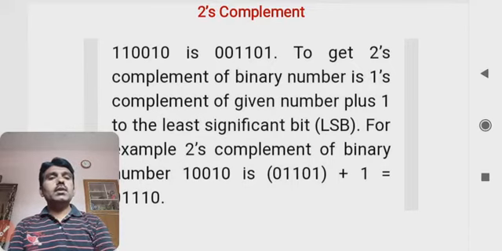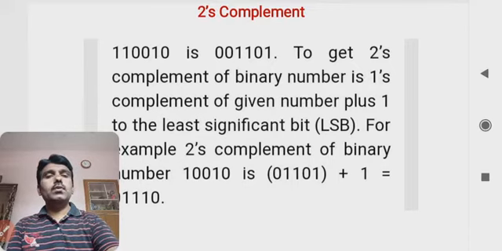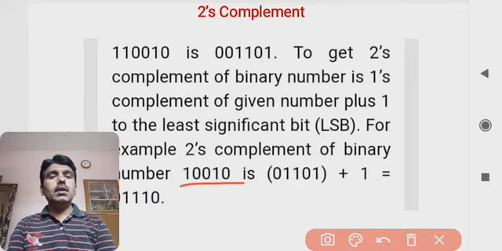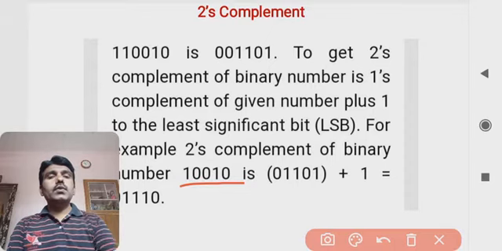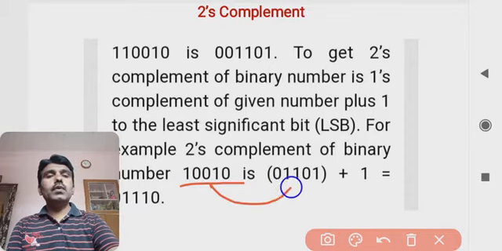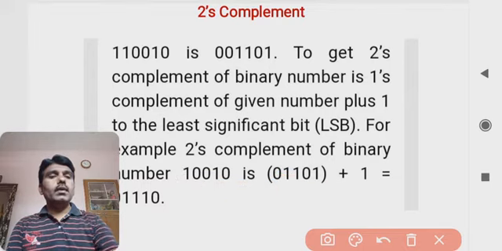Suppose here is the example: if I want to find the two's complement of the number 10010, first you have to convert it into its one's complement. For this one, the 1 becomes 0, the 00 becomes 11, and the 10 becomes 01.